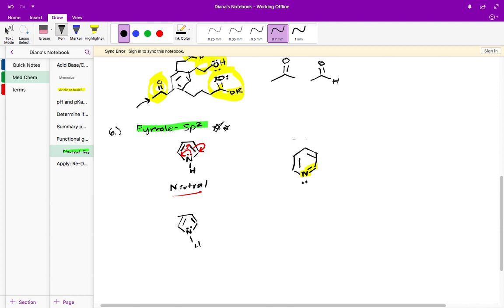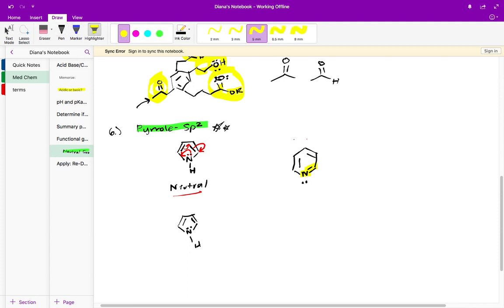This is my pyrrole without all the red arrows, so it doesn't seem too confusing there. But what do you notice about this structure? You notice that there's actually no double bond directly next to that nitrogen group. Okay, so really focus on the difference here.